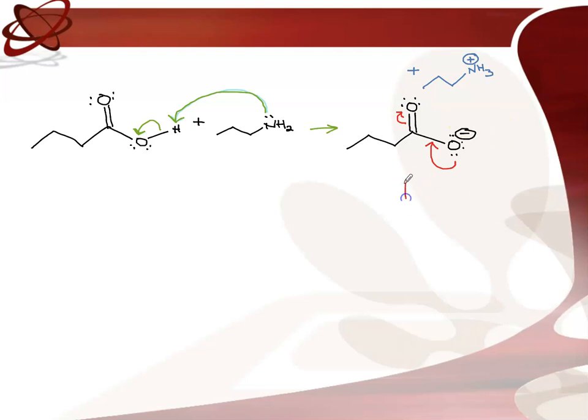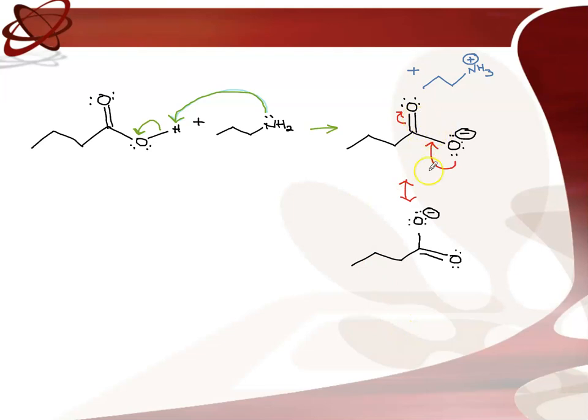And our resonance structure here will now have the double bond here. Oxygen still has 2 lone pairs, but the other oxygen now has 3, which then means it has the full formal negative charge.